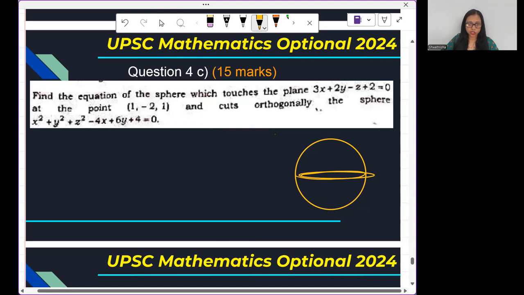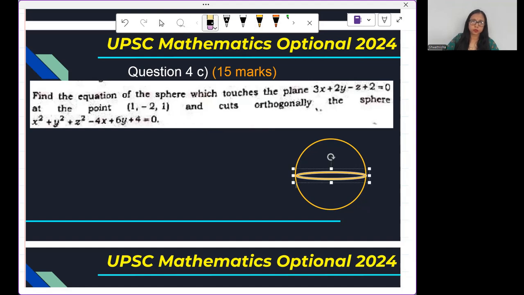If you cannot imagine it, just mugging up the solutions is not going to help if you cannot see the things. So that is the sphere that we have here.